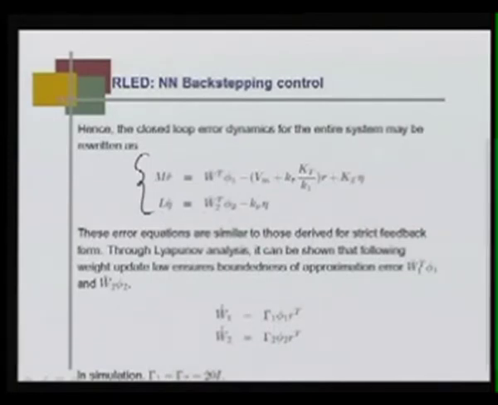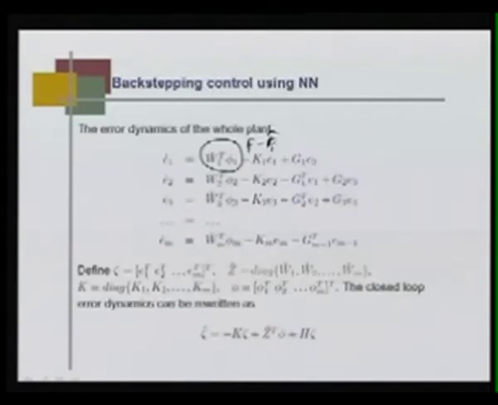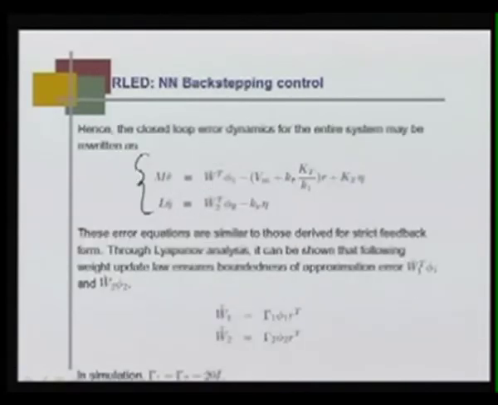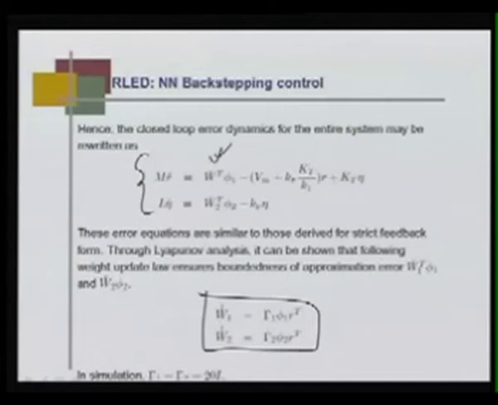In the same manner that we had earlier, going by the same principle of defining the Lyapunov function, we can derive that for this the weight update law is W1 hat dot equals gamma 1 phi 1 r transpose, and W2 hat dot for this one is gamma 2 phi 2 r transpose. Okay. If I do this, then the system is Lyapunov stable.